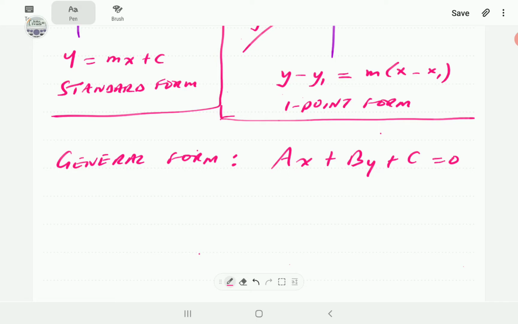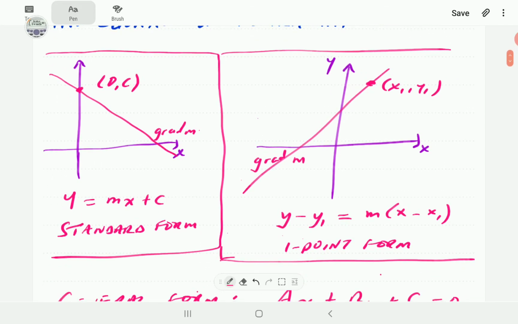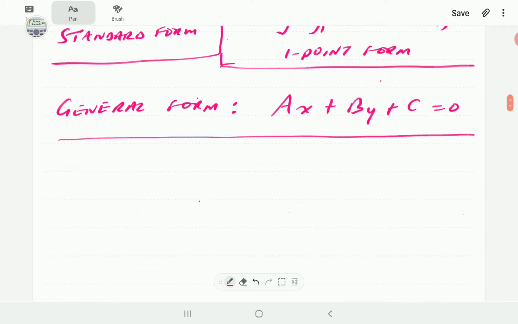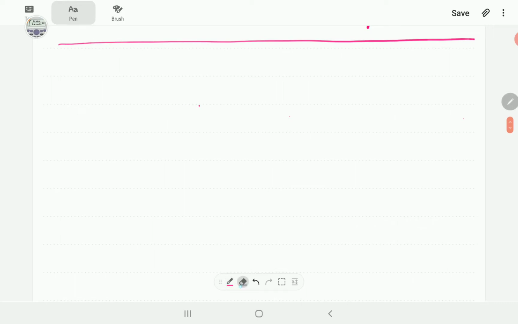So if you clear the fractions and then bring everything to the one side, then you get what we call the general form. We're now going to look through some examples of how these three forms of equations can be used. First, we are going to be given some conditions, and then we'll find the equation of a straight line satisfying those conditions. And then in the second question, we're going to be given the equation. Then we are going to work things out from there.